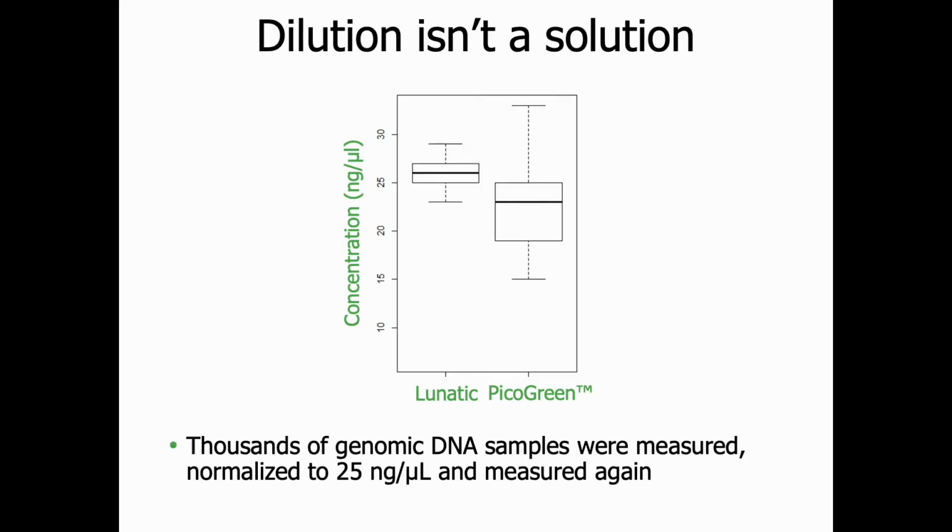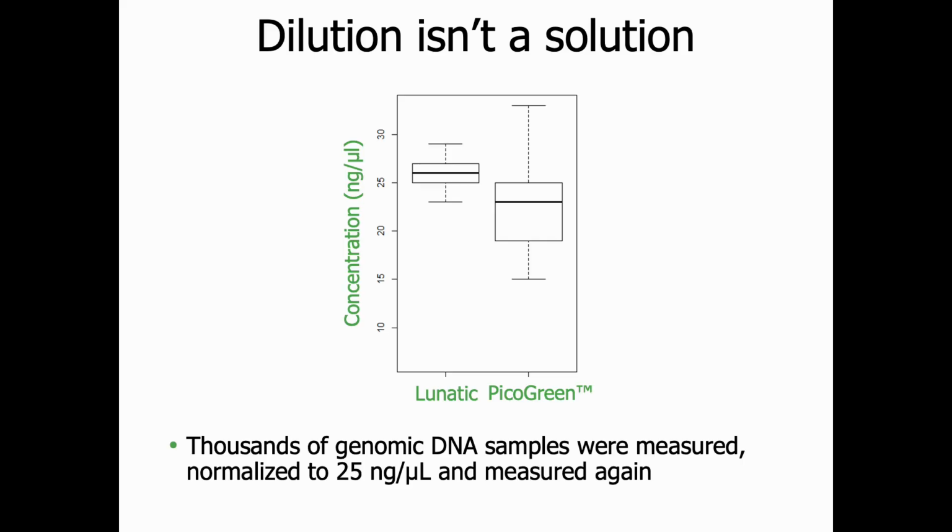Most protocols will suggest you use dye-based methods for quant before normalization, but dye-based quant isn't always as accurate as you might think. Here, you can see the outputs from one of our biobank customers, where they compared the results of samples normalized with Lunatic and picogreen.